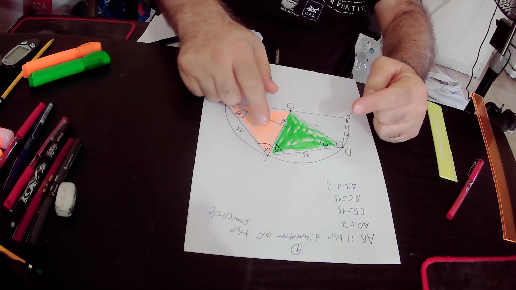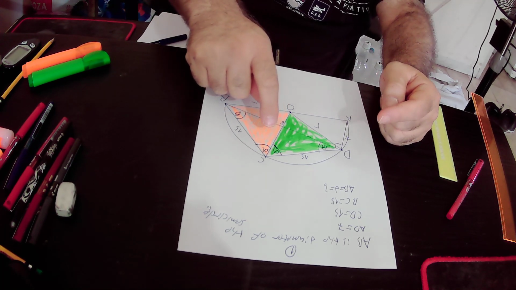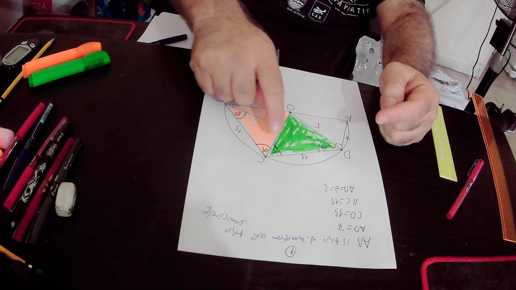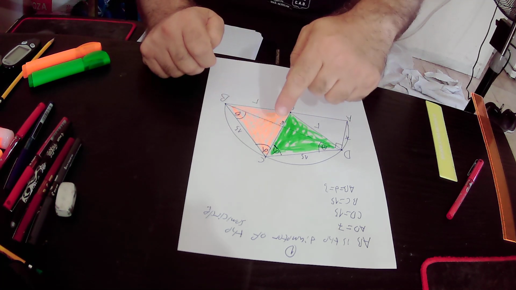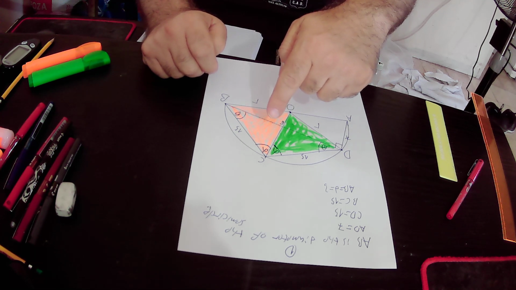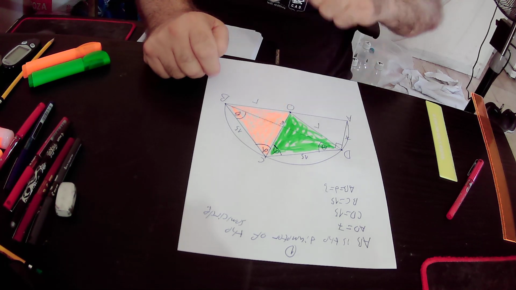That is to say, the included angle of side DC and side EC in the green triangle is alpha, and the included angle of side EC and side BC of the orange triangle is also alpha.